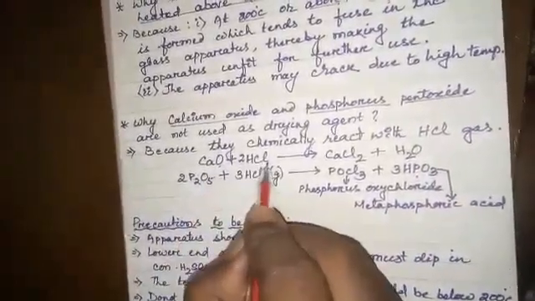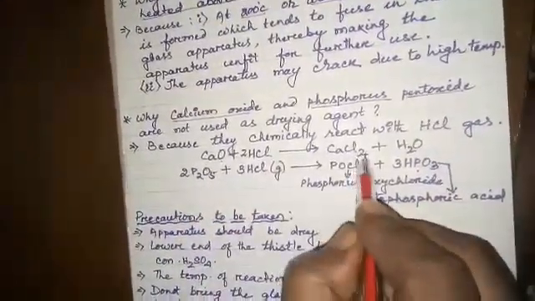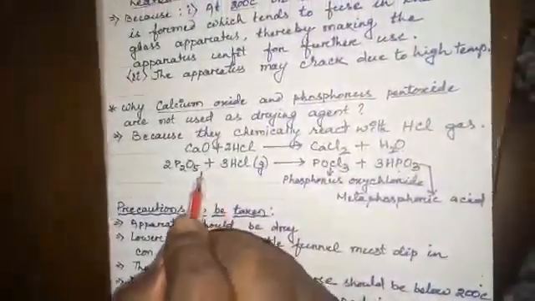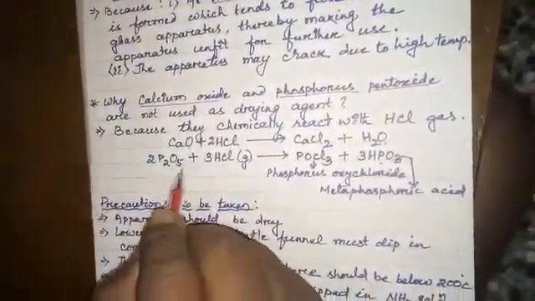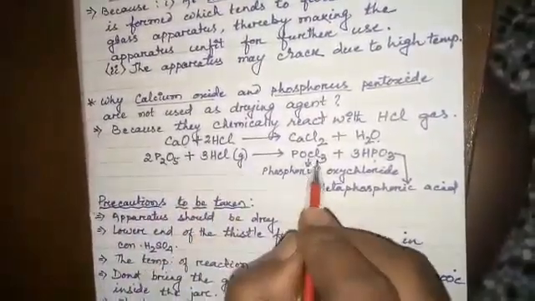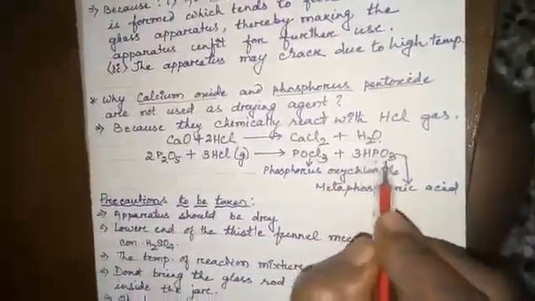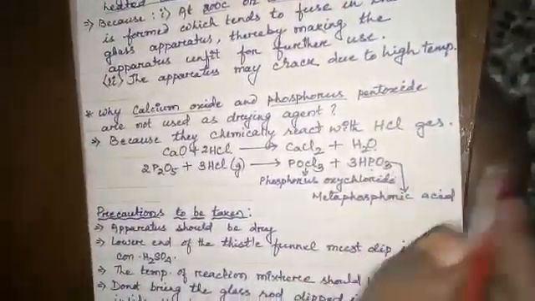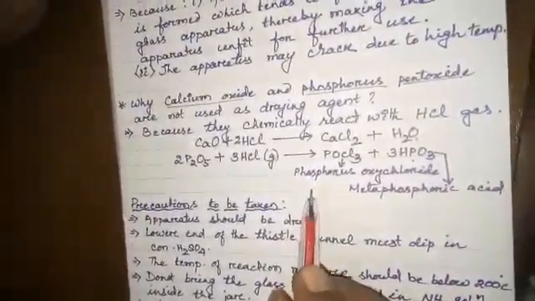The reactions are like this: CaO plus 2 HCl gives CaCl2 plus H2O. Then P2O5 plus 3 HCl gives POCl3 plus HPO3. So these are the reactions why we do not take these as drying agents.